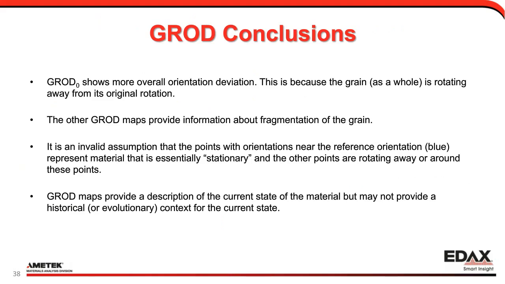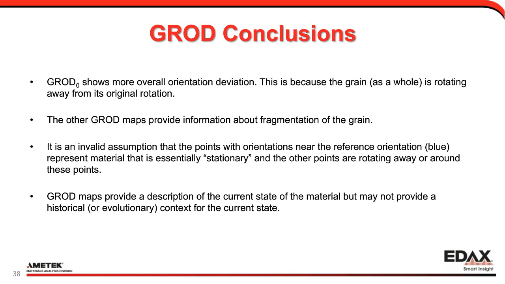As I mentioned, the GROD 0 shows the overall deviation, whereas the others show the fragmentation. The other GROD maps provide that fragmentation picture. It's not a valid assumption that the points with orientations near the reference orientation represent material that's stationary, but it does give us an interesting picture.